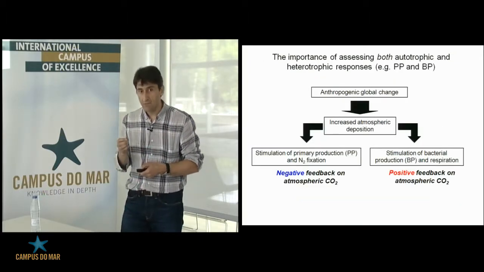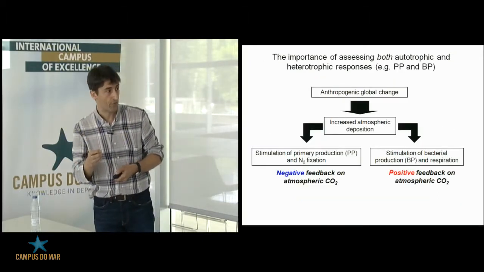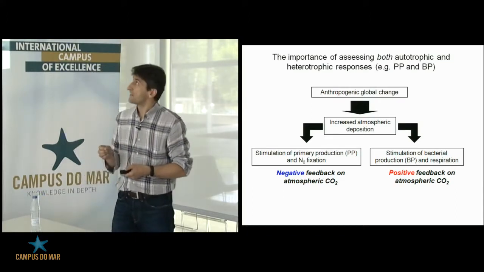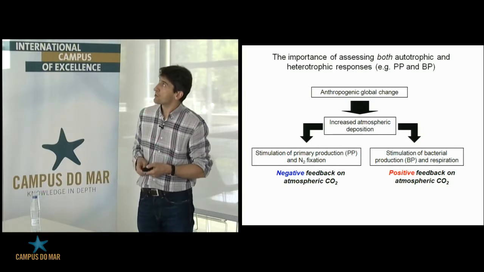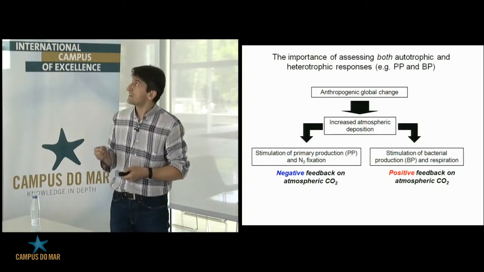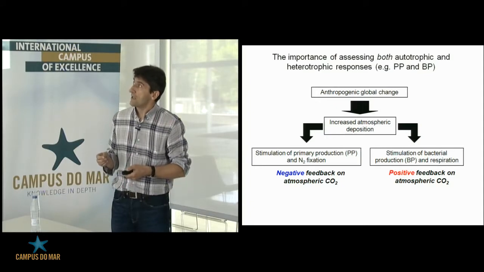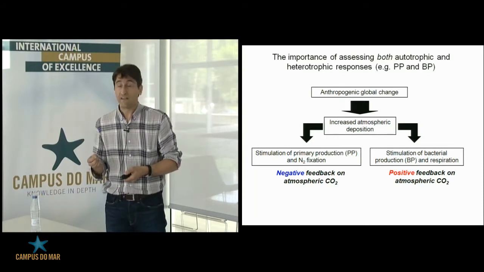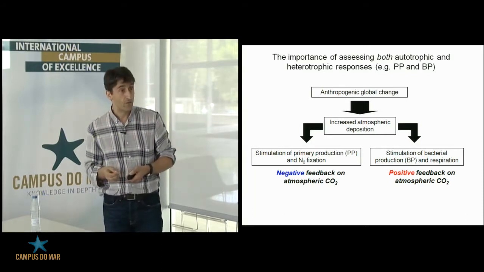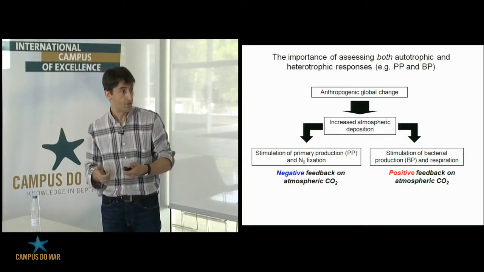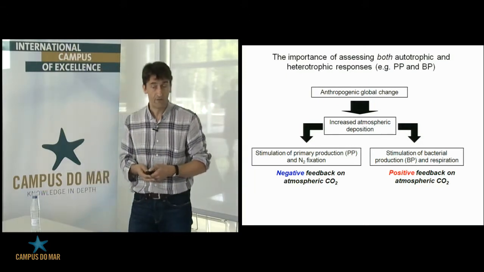Now, why is it important to consider both autotrophic and heterotrophic processes? The reason is that if we have, due to anthropogenic global change, an increase in atmospheric deposition, and if that increase in atmospheric deposition stimulates mostly the primary producers, we have a negative feedback on atmospheric CO2, because basically we are stimulating the biological pump due to these additional nutrients coming in from the atmosphere.